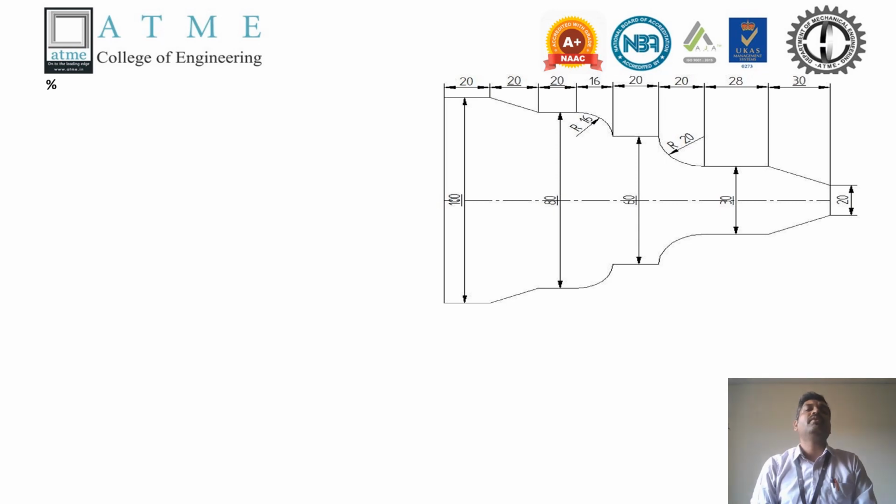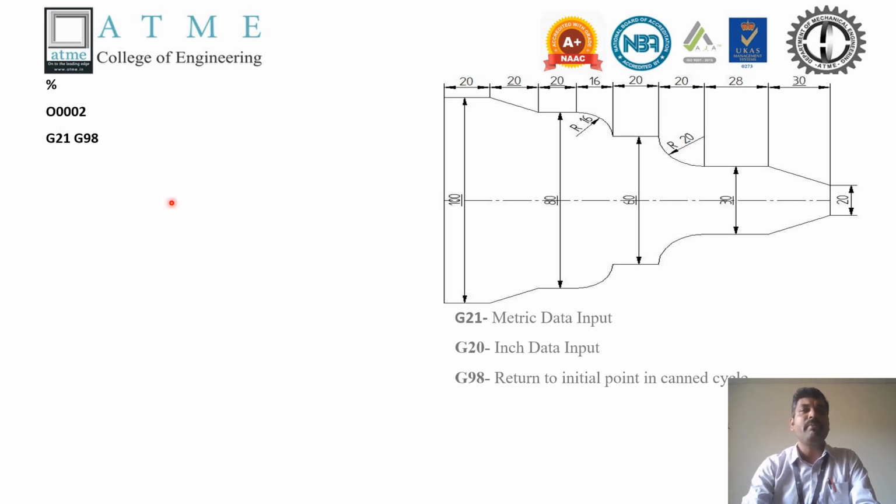In programming, especially in CAD-M software, this is the format. The program always has to begin with the percentage symbol, followed by O, the symbol to represent the program number, then G21, the metric unit. G21 is the metric data input, whatever dimension we enter is in metric, and G20 is similarly for inch.